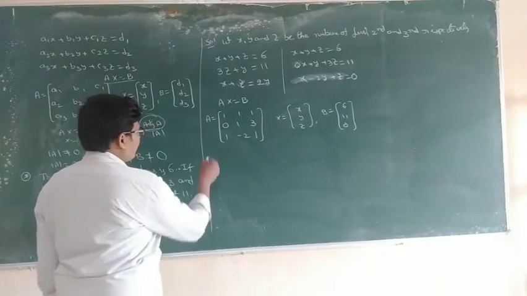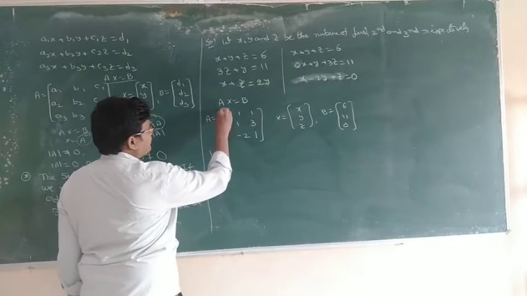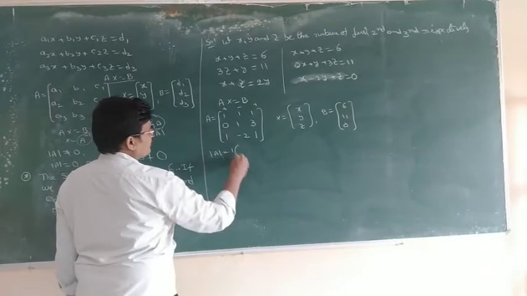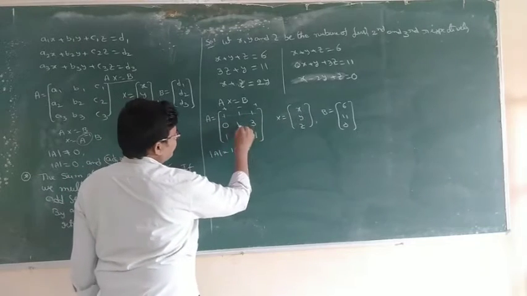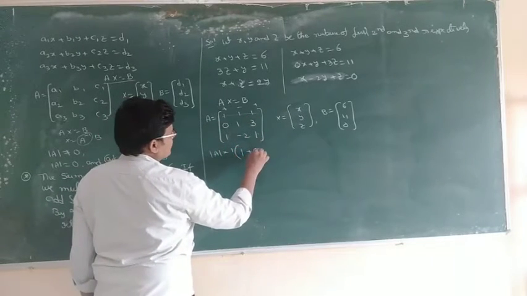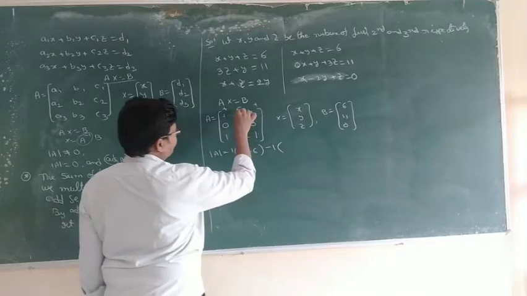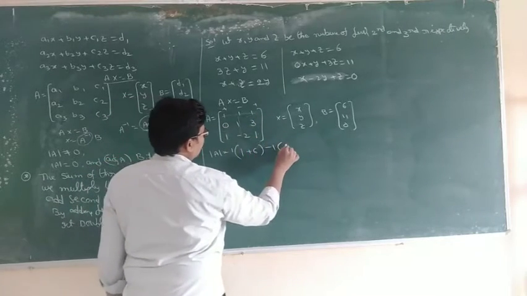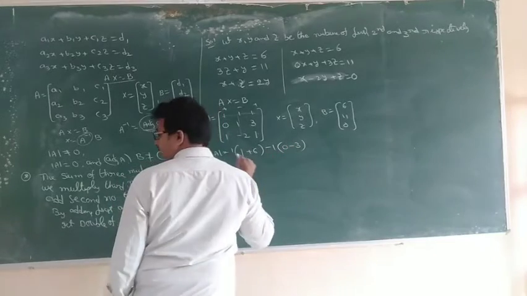You have to find out the determinant of A, which equals plus 2 into the column deleted, minus 2 plus 2, 1 into column deleted, 1 plus 6 minus 1, into column deleted, 3 into 1 0 minus 3.